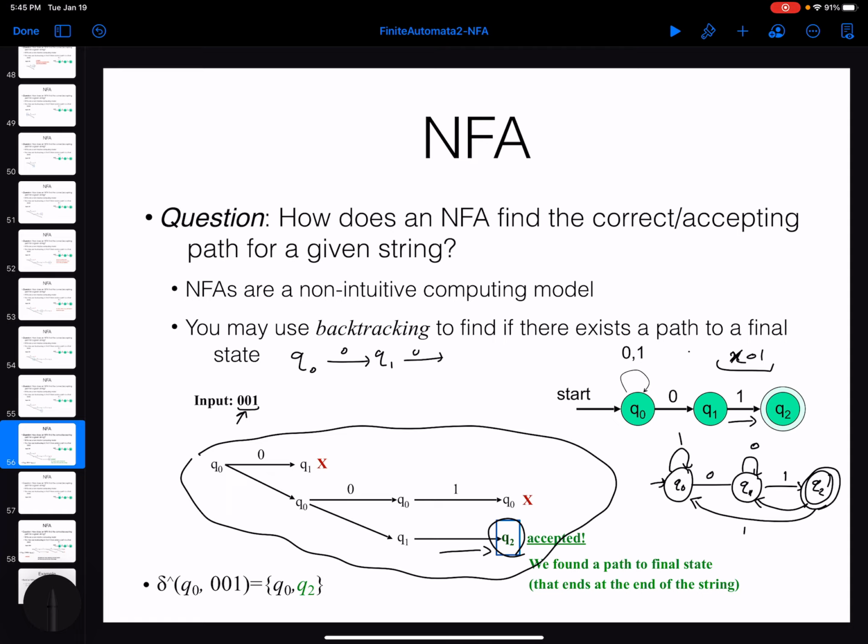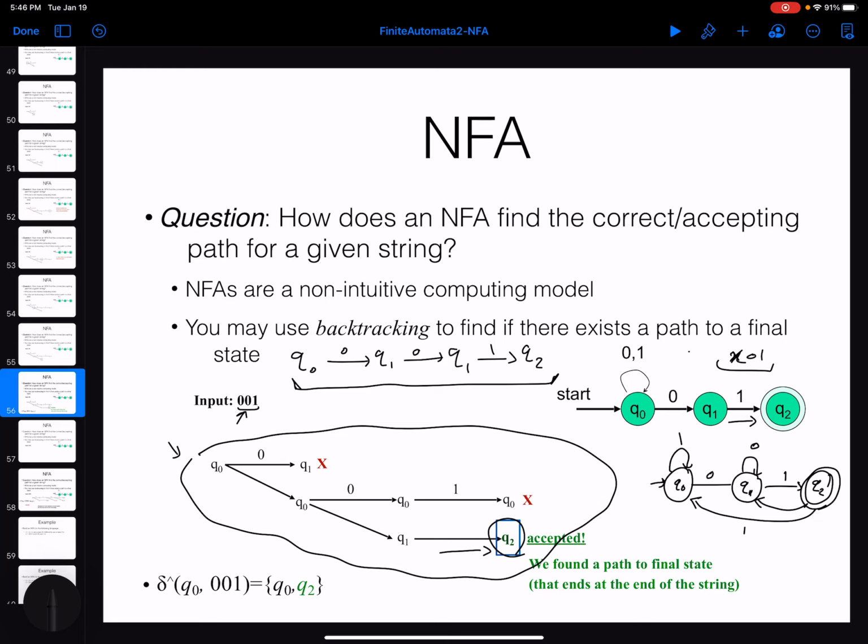With another 0 it stays at Q1, and with the next symbol, which is 1, it goes to Q2. So you can see that if you have a DFA, basically you only have one path. But if you have an NFA, you need to do the full search. You need to do all of this computation here.